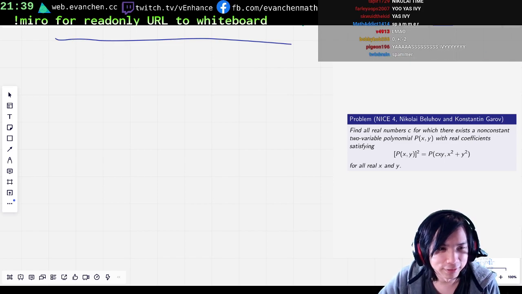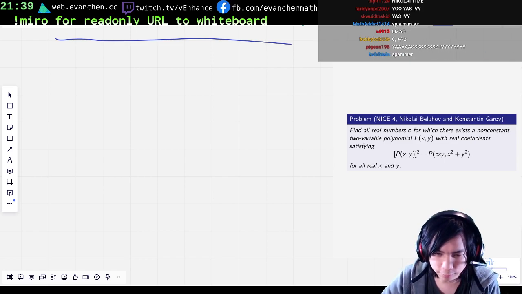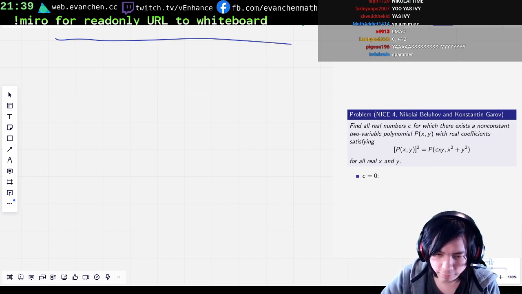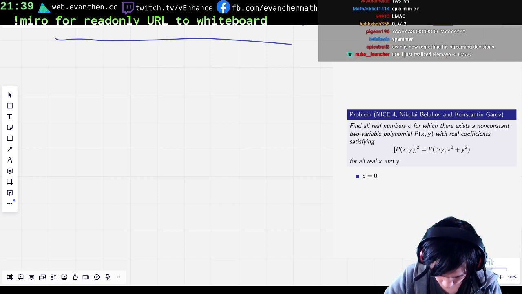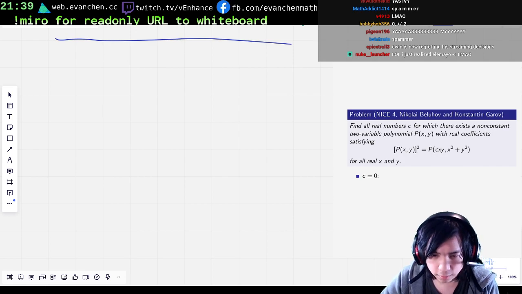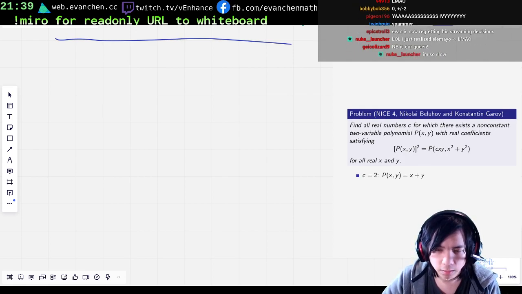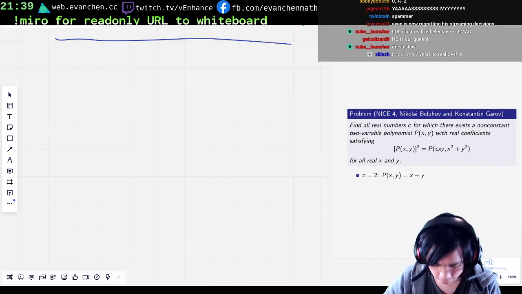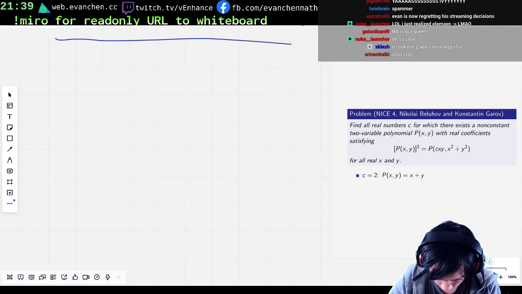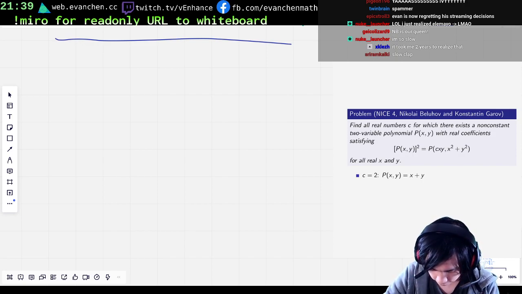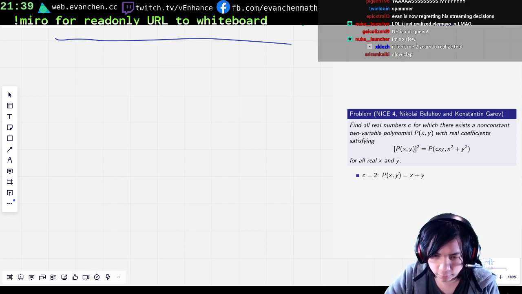Okay, so c equals 0 works because you can let p of x, y equal x plus y. Sorry, this is c equals 2. No, c equals 0 for the sum. Hang on. C equals 2 gives x plus y, c equals 0 gives x squared plus y squared.